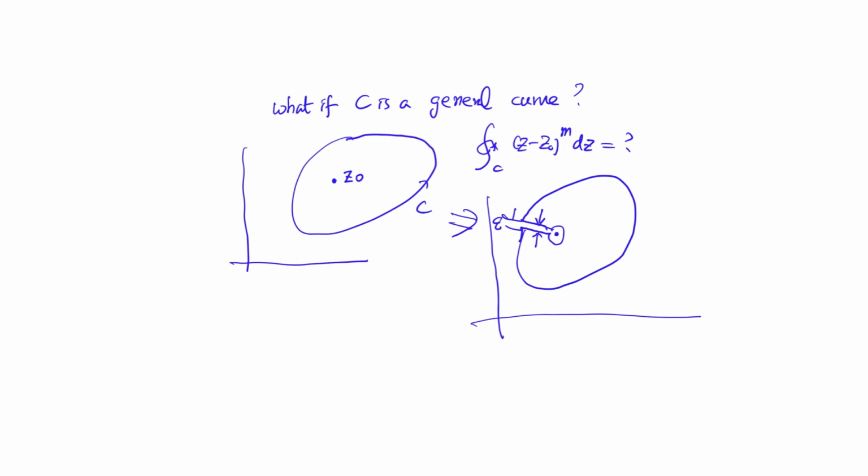And this is Z naught. And this is rho, 0. So we deform this.